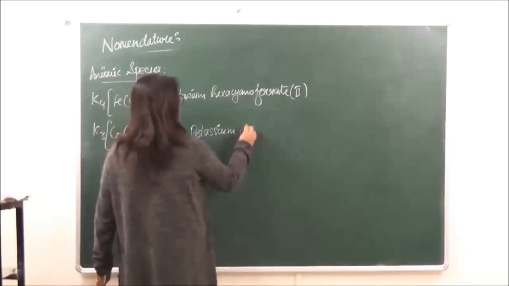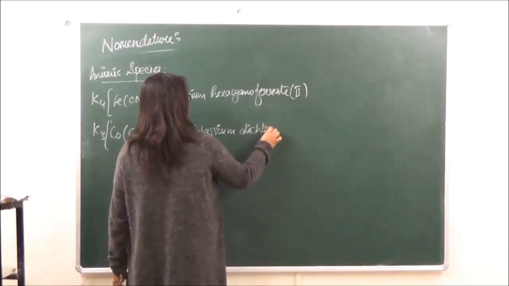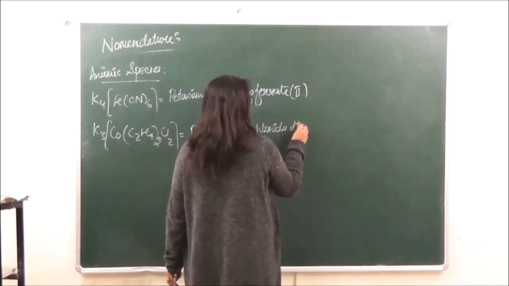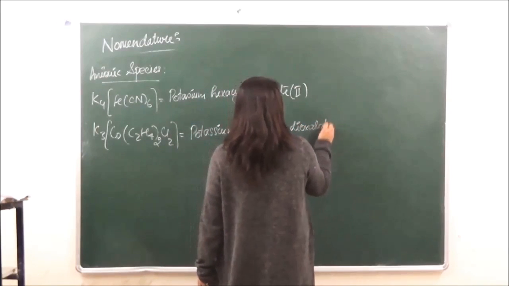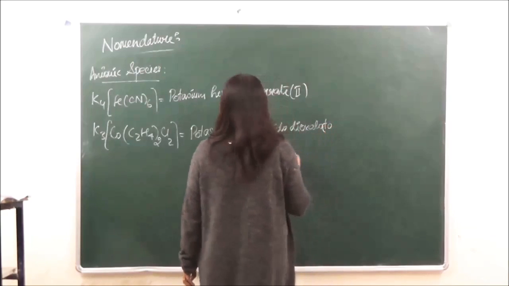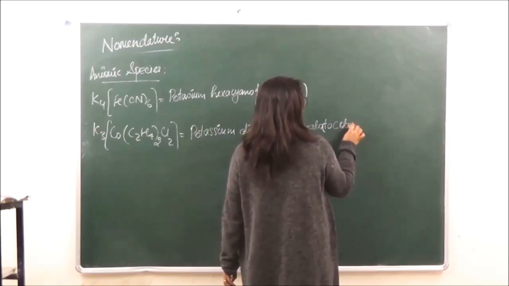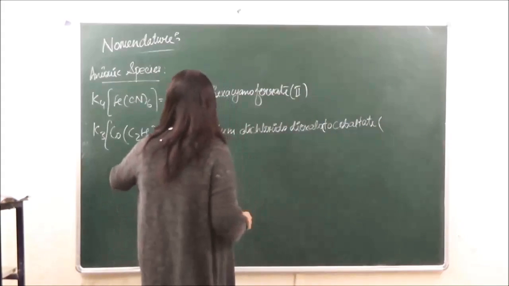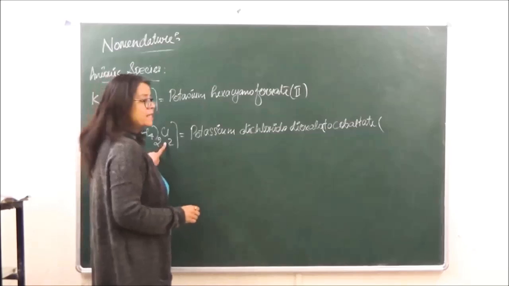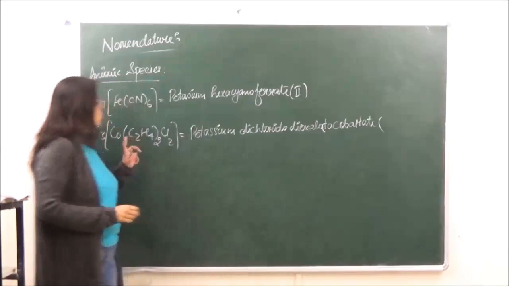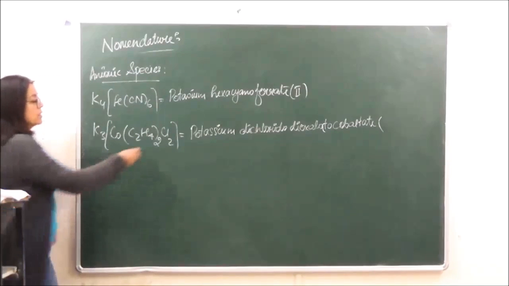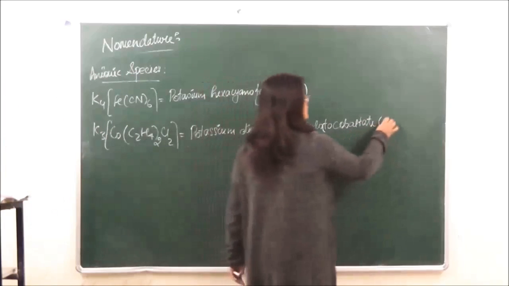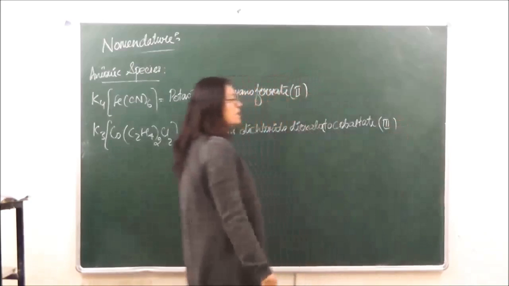So we have dichlorido, then we have dioxalato, cobaltate, and what is going to be the oxidation number over here? This is 4 minus 4, 2 twos are 4, now 4 and 2, 6, and 6 minus 3, that is equal to 3. So the oxidation number of cobalt is 3.